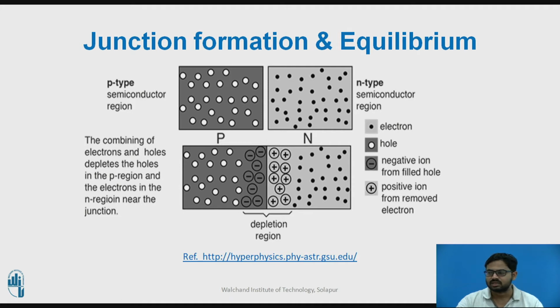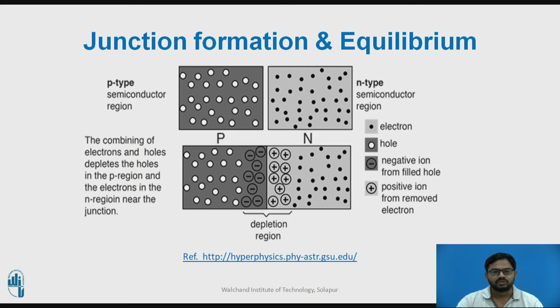The trivalent impurity acquires a negative charge. When donor or n-type impurity is added to silicon or germanium, it gets ionized to give one excess electron, and it acquires a positive charge.